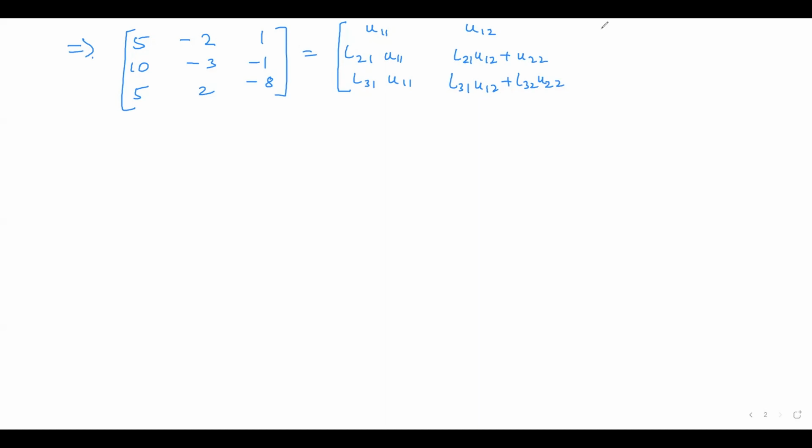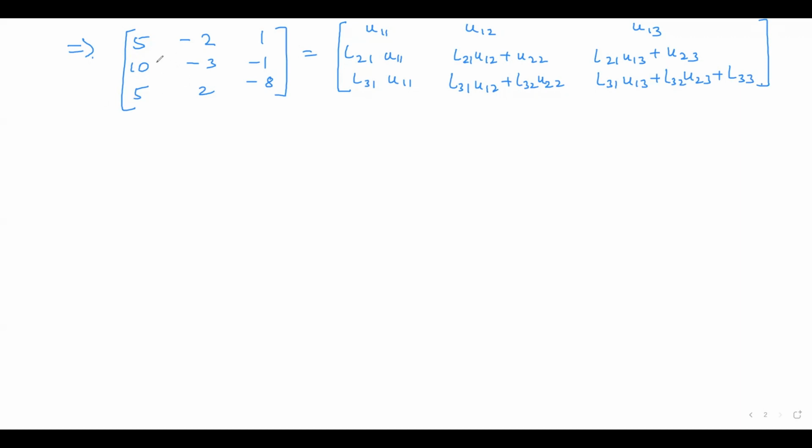Then lastly, U13, L21 U13 plus U23, L31 U13 plus L32 U23 plus L33. So you can multiply it and we'll get this.